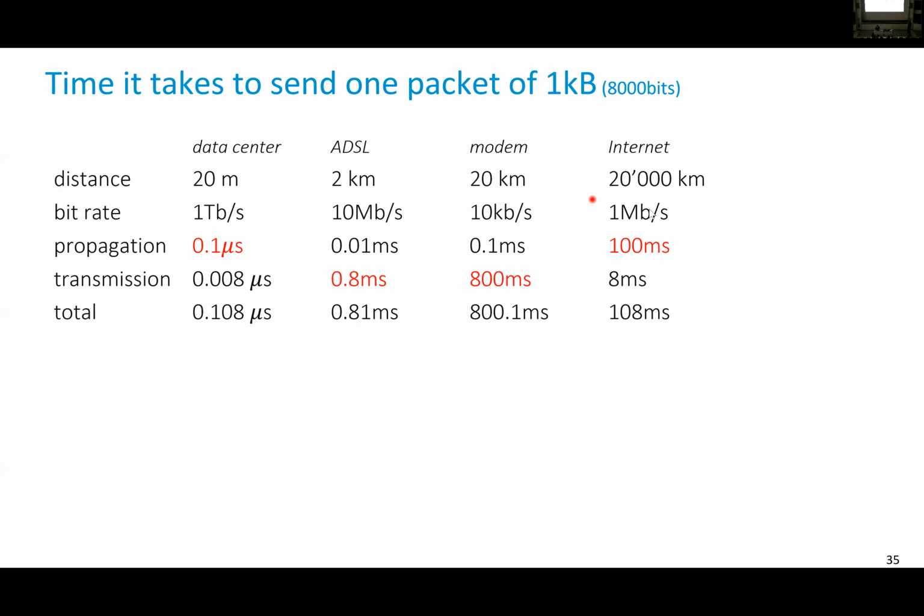This is a pessimistic view of the internet where I have 1 megabit per second end-to-end, which is perhaps what I get when I download from a busy server at the other end of the world, but I might get more with newer generations of networks. So we see that depending on where we are, the time it takes to send a packet may be dominated by propagation or transmission.